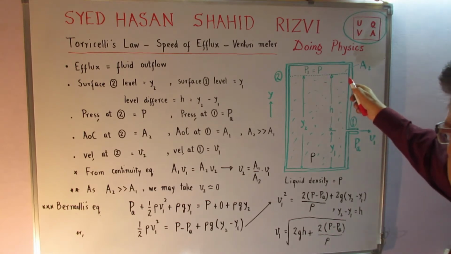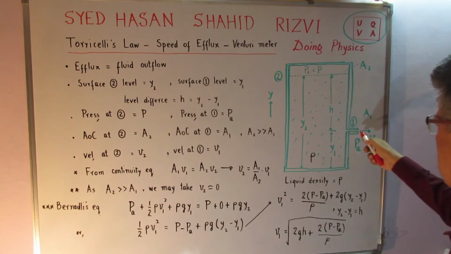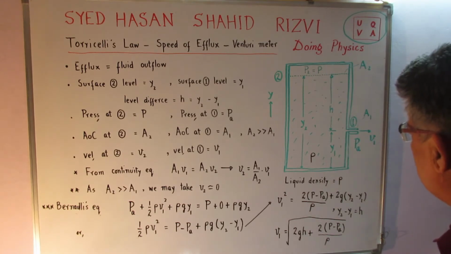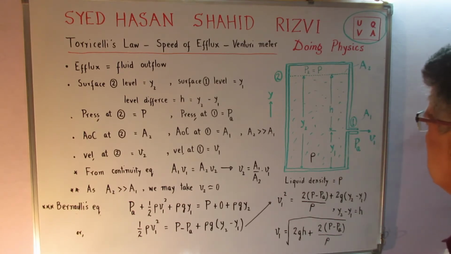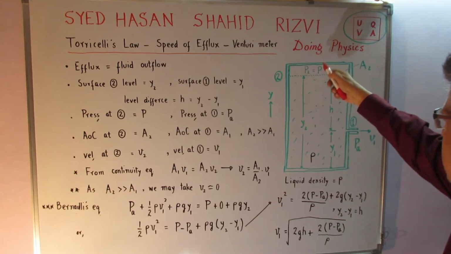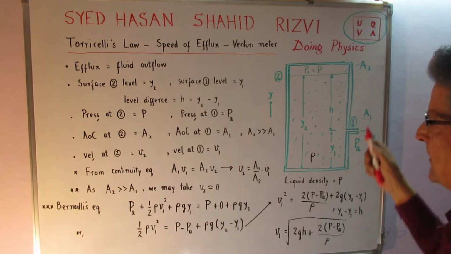The area of cross section of this container is A2, which is much higher as compared to the area of cross section A1 over here. The velocity of efflux, the speed of efflux is taken as V1. So with this build up, where this is not exposed to the atmospheric pressure, I have taken two surfaces, surface 2 and surface 1.